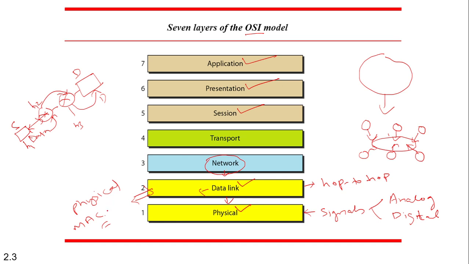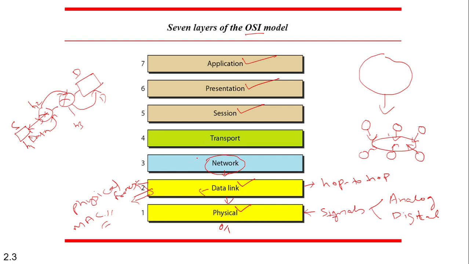Just remember that the addressing scheme in the data link layer is called the MAC address. The data associated with the data link layer is normally in the form of frames. And in the physical layer, it is zeros and ones or some signals.